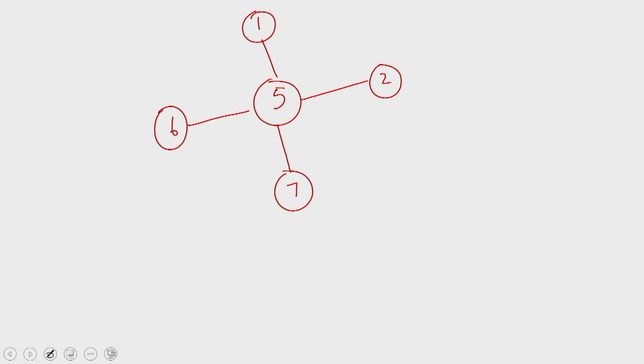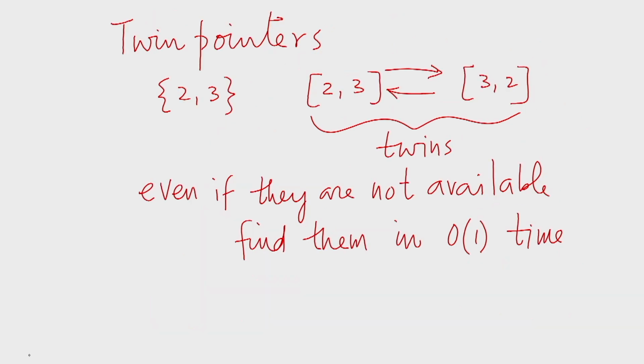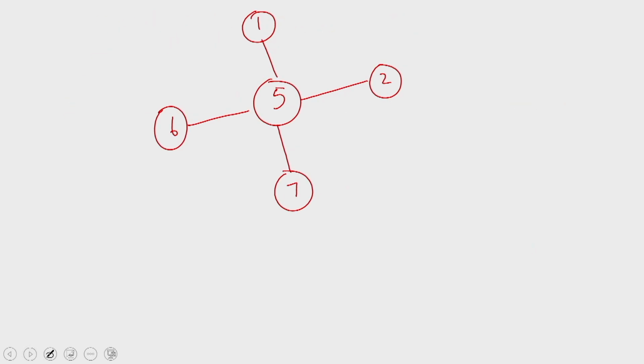The twin of 1, 5 is 5, 1. So, if you look at the adjacency list of 5, you find that the successor of 1 is 2, and the successor of 2 is 7, and the successor of 7 is 6, and the successor of 6 is 1. So, accordingly, here if we set the pointers, we find that we should set the pointers in this order.